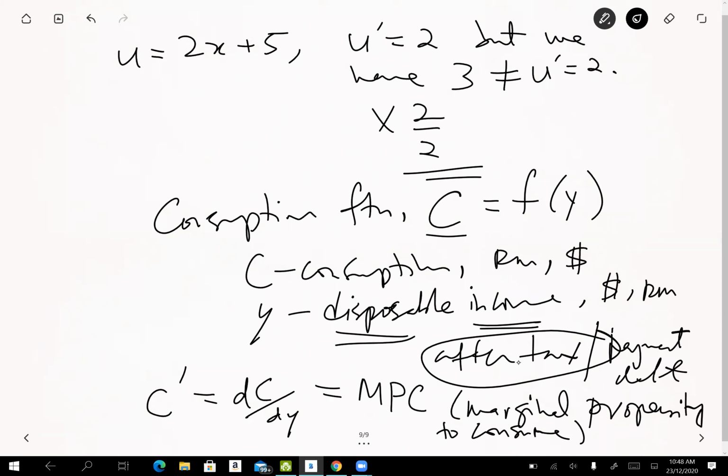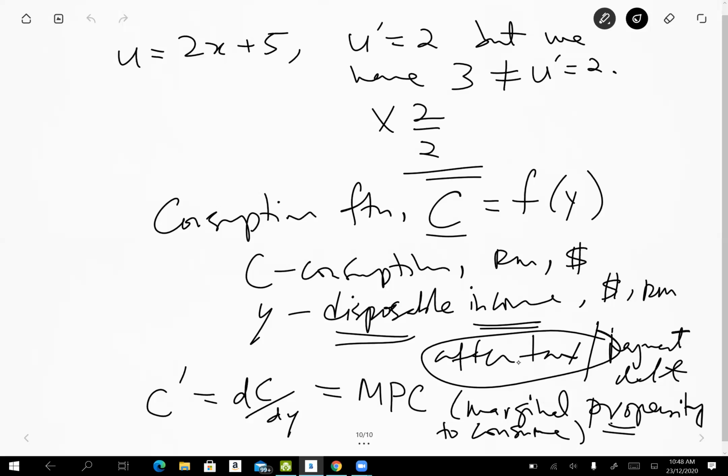What we are doing here is, if I am given the C prime, or the marginal propensity to consume, which is MPC, how can I find the consumption? Again here, you integrate, okay? This is the entire derivative.